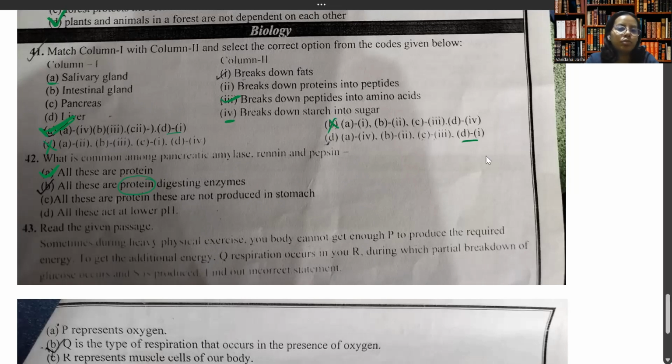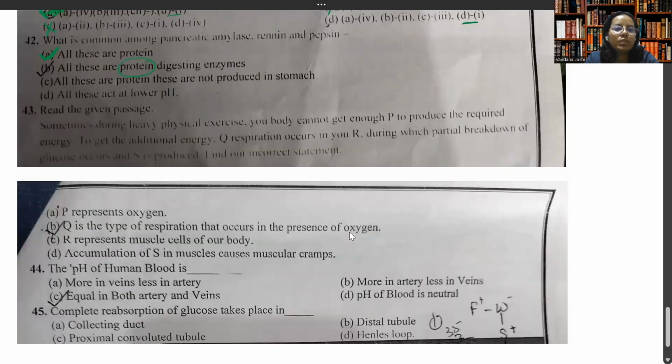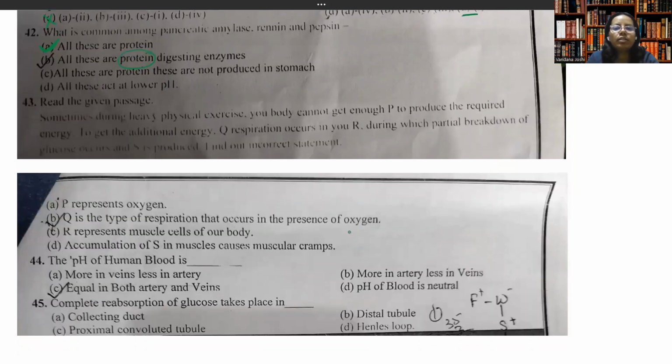Okay, moving on. 43rd. Sometimes during heavy exercise, your body cannot get enough P. Obviously, you cannot get enough oxygen. To produce the required energy, to get the additional energy, Q respiration occurs. In the absence of oxygen, anaerobic respiration occurs in your R. R means muscle cells, during which partial breakdown of glucose occurs and S is produced, S being the lactic acid.